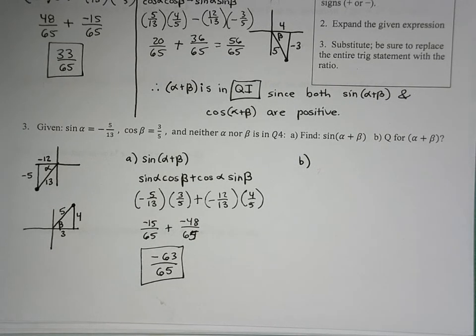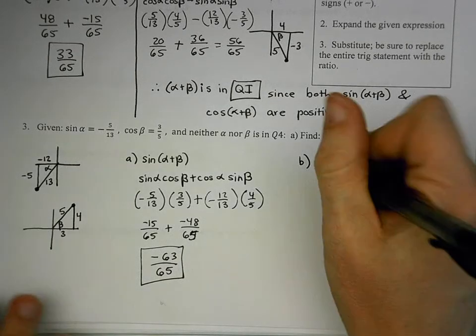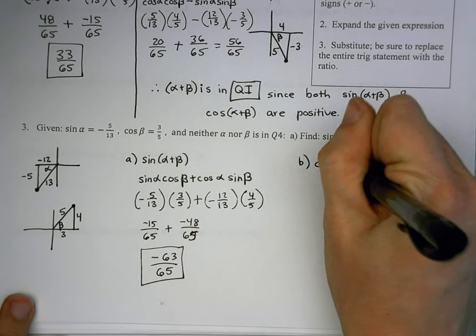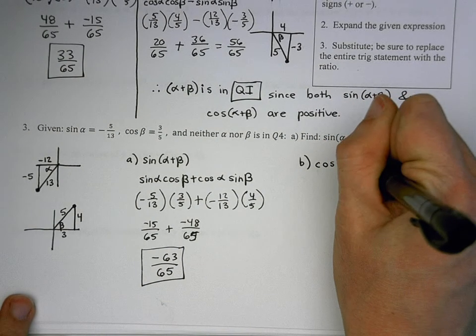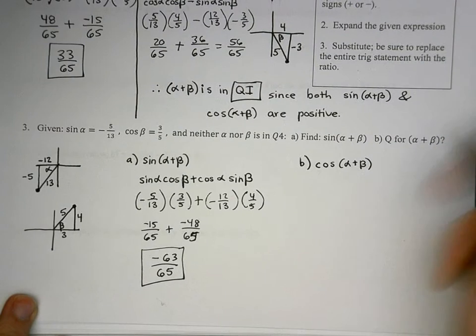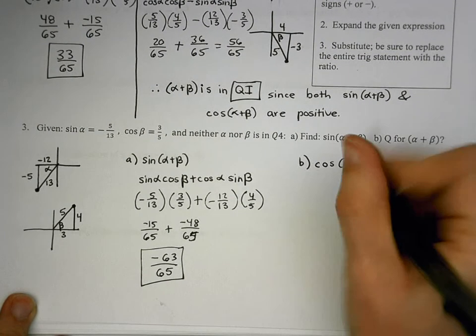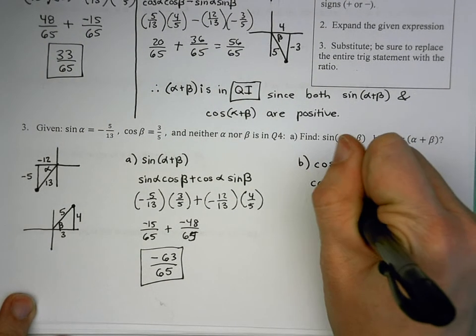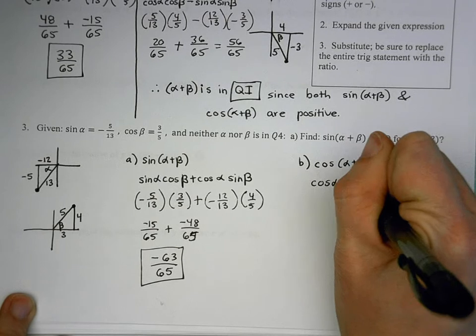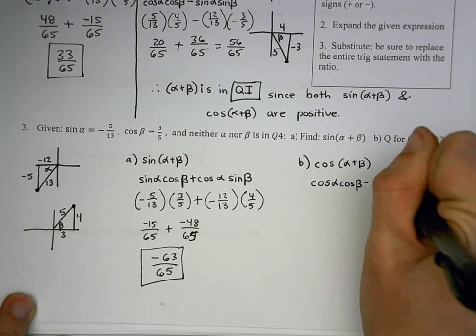But which one it's in requires another trig, either cosine or tangent. And again, doesn't matter. I'm going to do cosine. So let's go ahead and take a moment and expand that. Cosine alpha, cosine beta, minus sine alpha, sine beta.